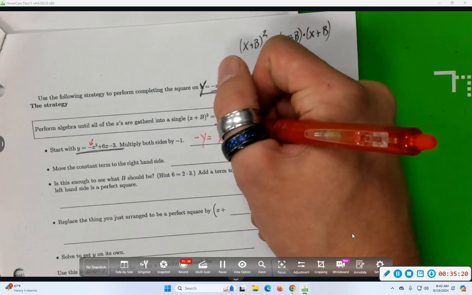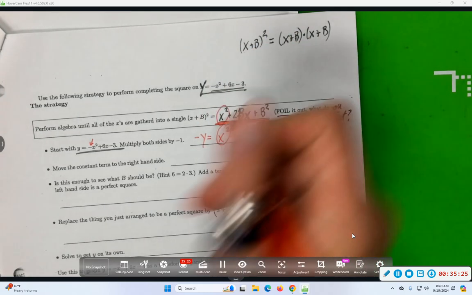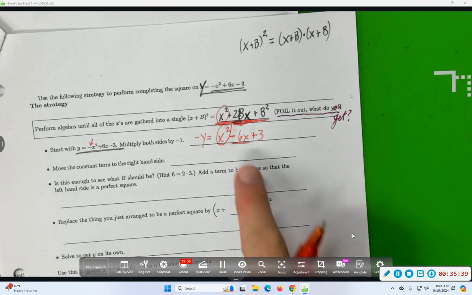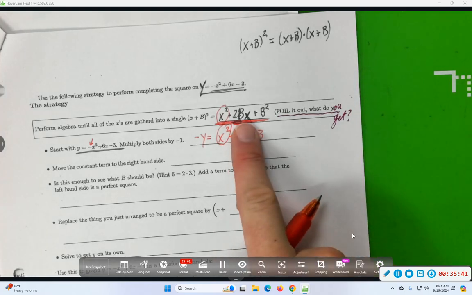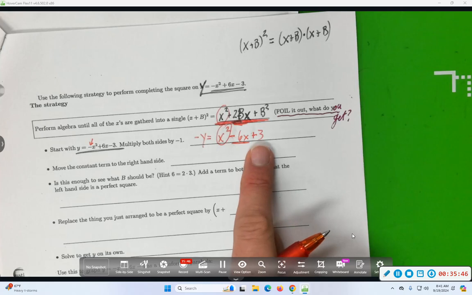I see this x squared. That minus 6x, could I rewrite that as 2bx for some choice of b? Yeah, I think so. 6 is even. In fact, even if it were odd, I could write it down as something times 2, because I know how to divide by 2. So in order to turn this into the 2bx and figure out what the b squared needs to be, I'm going to start by getting rid of that 3 term. I'm just going to move it to the other side and I'll remember it later.